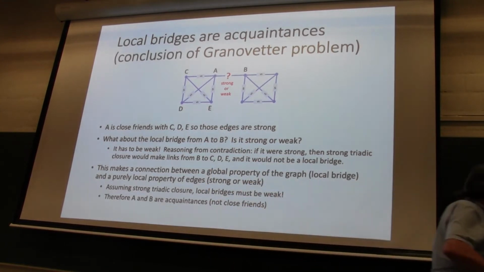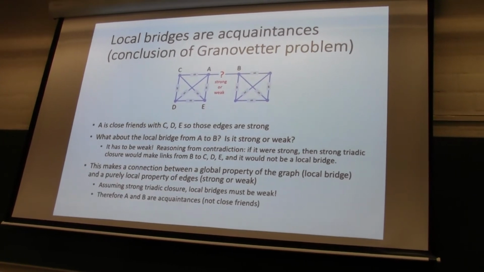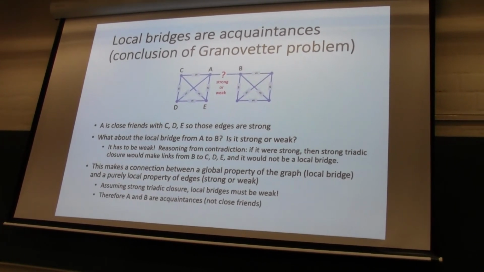So there's a connection between the strength of the link, strong or weak, and whether it's a local bridge or not. Whether you separate the graph, so it's only one connection, that's a local bridge. Whether the connection is kind of fragile, and whether the link is strong or weak.